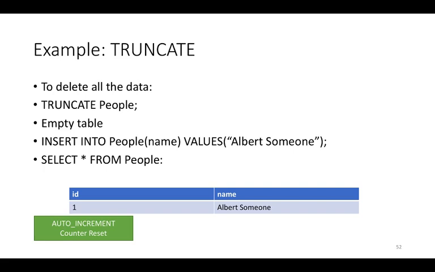There are reasons why we would want to consider which one of these to use. If I just run a delete, I save the space on the disk, the records are deleted, your data is gone, so I can't necessarily get it back, but the uniqueness of the primary key is kept.